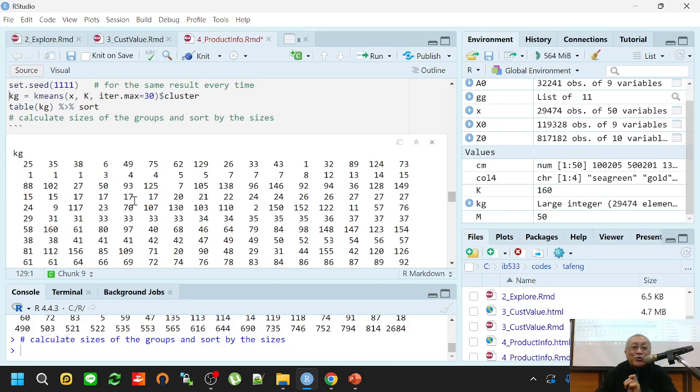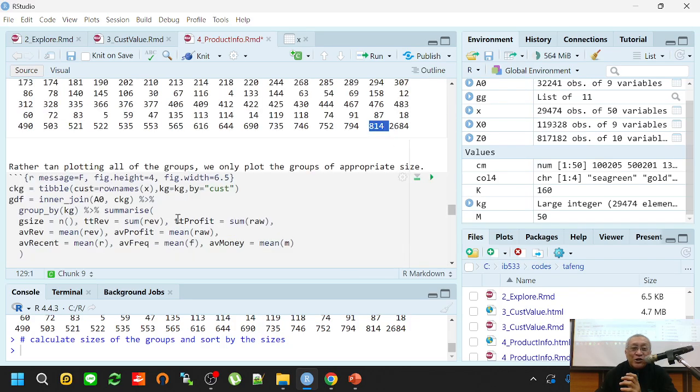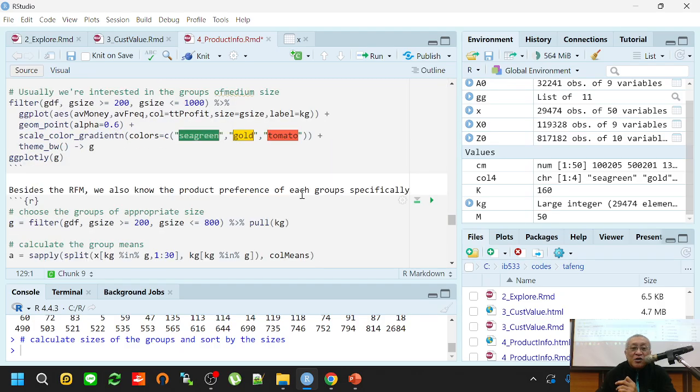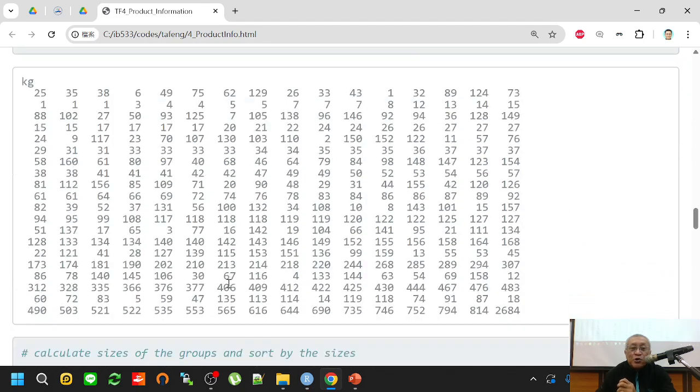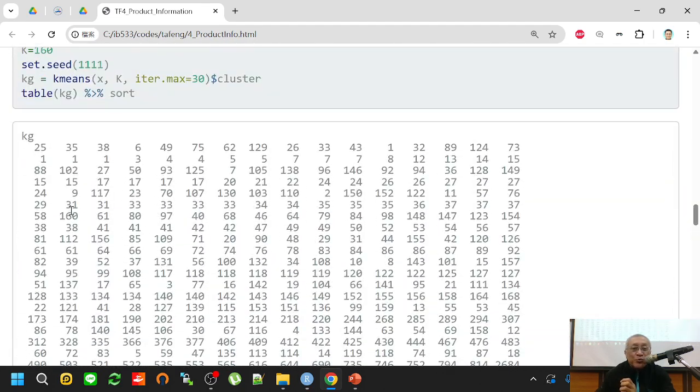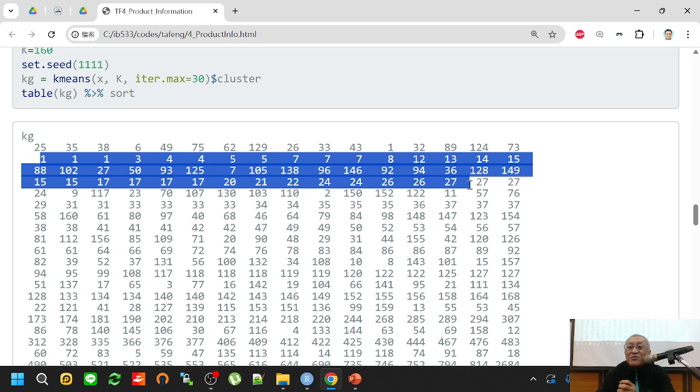So in this way, we group customers by similar buying pattern. Some groups have only very few customers in them.